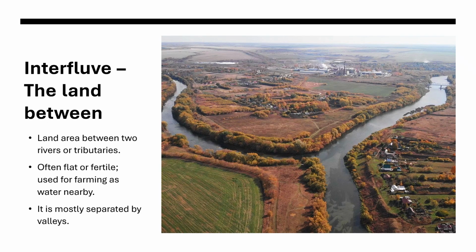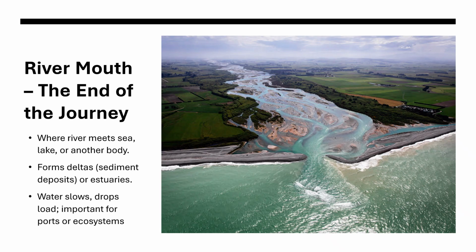Okay, so let's proceed to our next feature. Then we have the last one, which is called the river mouth. This is the end of the journey of the chain of the river system. So what is this river mouth?